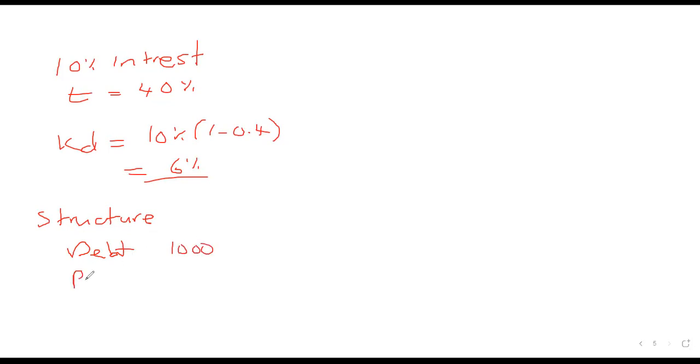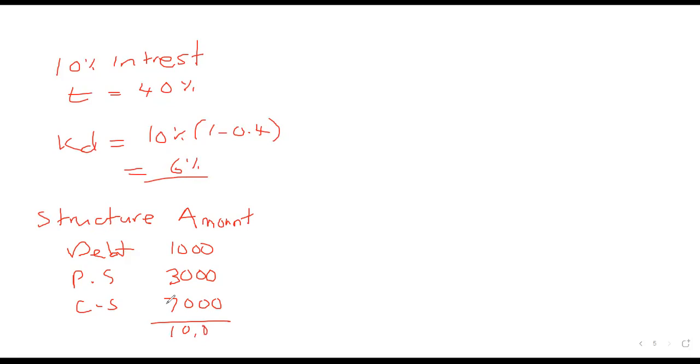The preferred stock maybe 3,000. And the common stock maybe 7,000. In that case, you need to calculate the proportions or the amounts. The total here we have is 10,000.